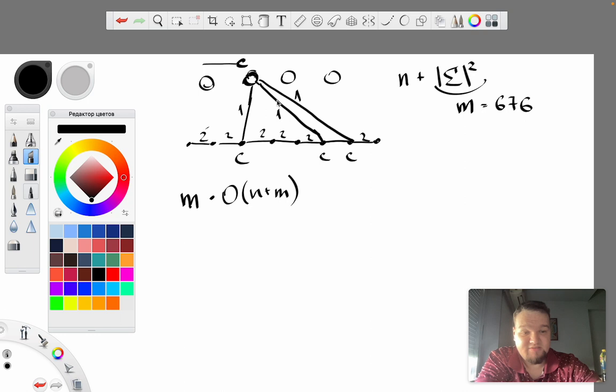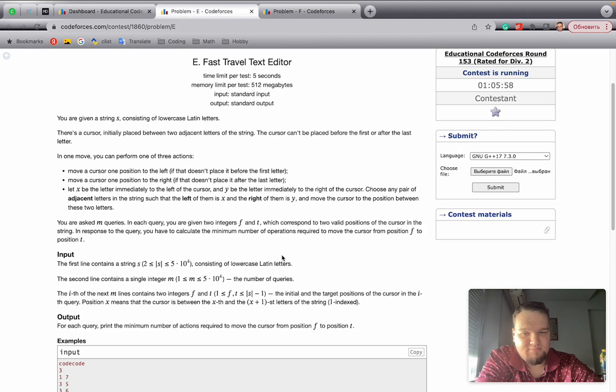I can iterate over all of them, and for every one update the answer with the shortest path to that special vertex, and then from the special vertex to the end. So each query will be O(m). The solution is very simple.